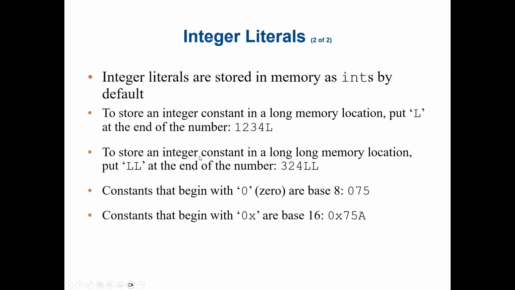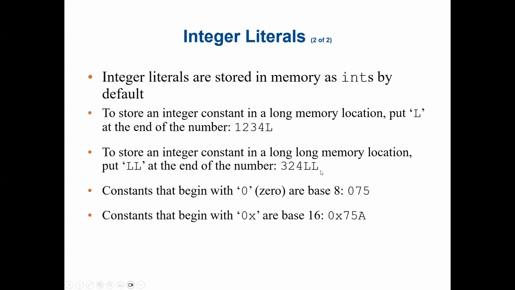Also, integer literals are stored in memory as ints by default. So to store an integer constant in a long memory location, we put an uppercase L at the end of the number. An example is 1234L. Now, to store an integer constant in a long long memory location, we put LL at the end of the number.